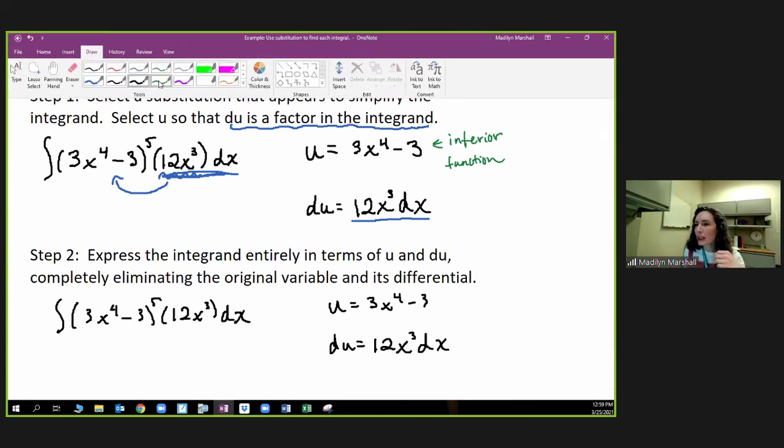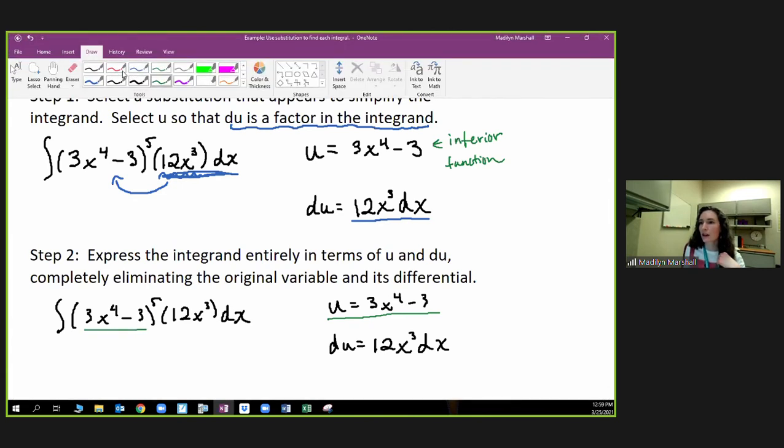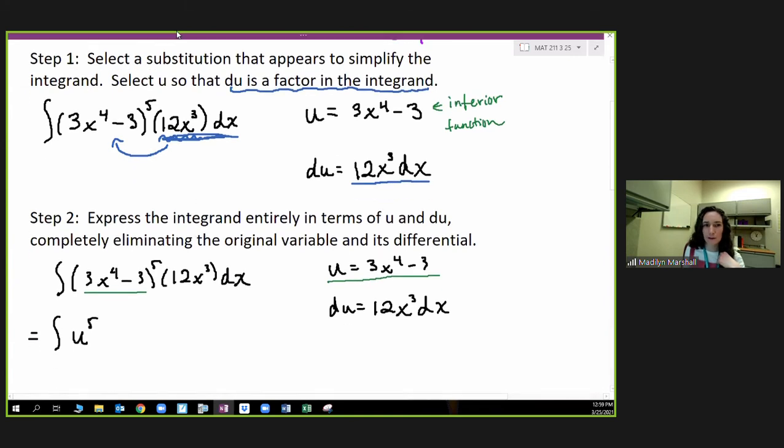So we said that u is that 3x to the fourth minus 3. So this integral, instead of having that 3x to the fourth minus 3, is going to have a u to the fifth power. So that whole interior part is being replaced with a u.